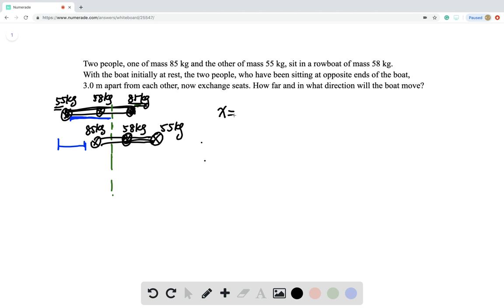We have center of mass equals, and I'll just call them A, B, C, (m_A x_A + m_B x_B + m_C x_C) over (m_A + m_B + m_C).